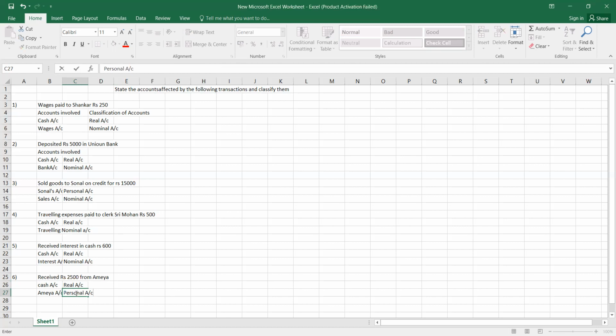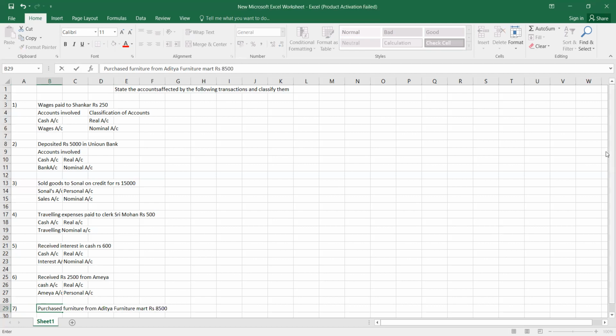Purchased furniture from Aditya Furniture Mart, rupees 8,500. Okay, now seventh one. Purchase furniture from Aditya Furniture Mart, rupees 8,500.